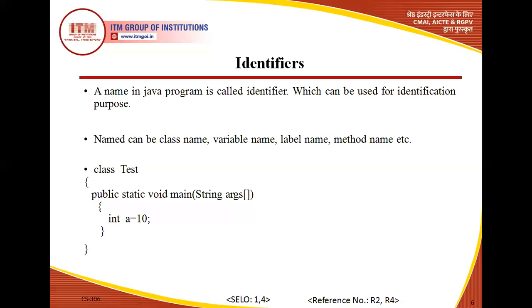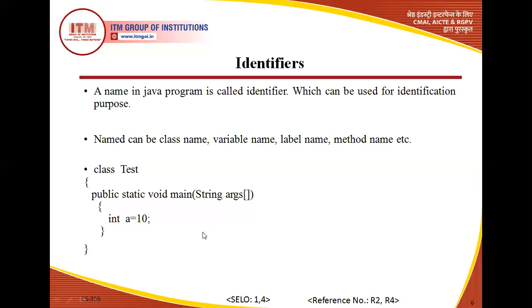So an identifier is just to identify anything. It may be any variable, any class, any label name, or any method name. These are all called identifiers.